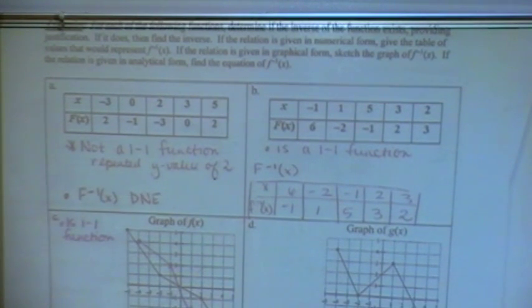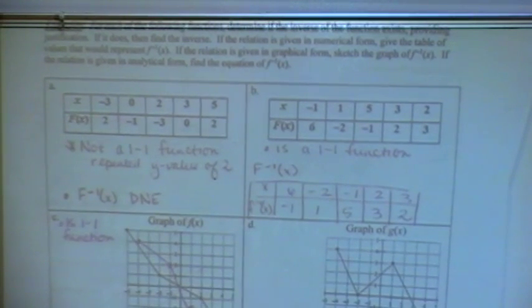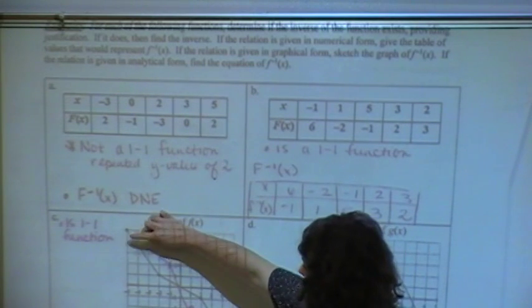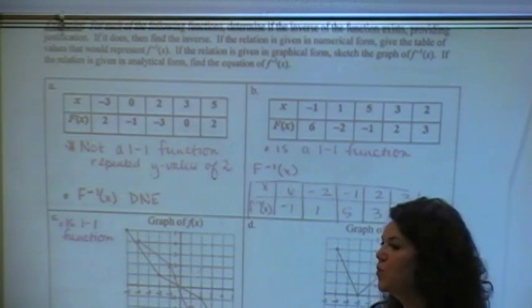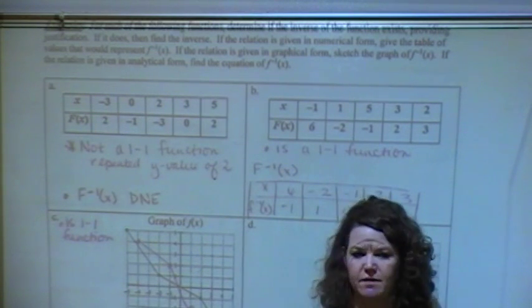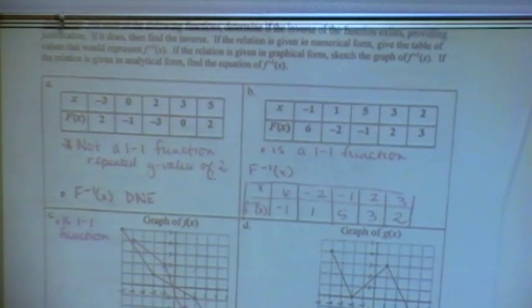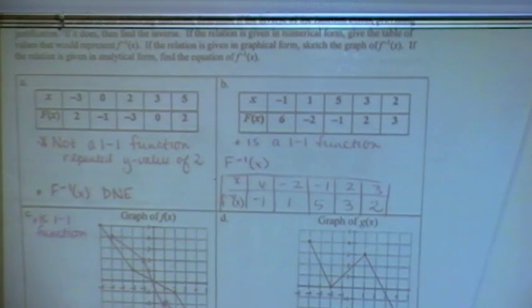Like that, sort of. So I just took these 4 points and switched their x and y values and plotted them this way. Everybody okay so far? This part should be all review.